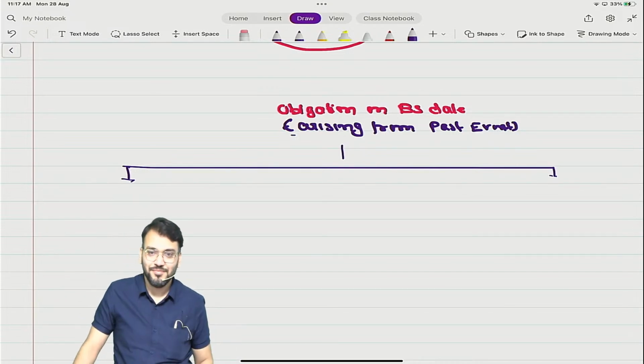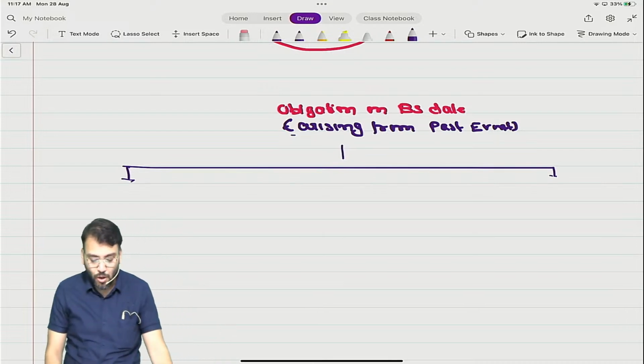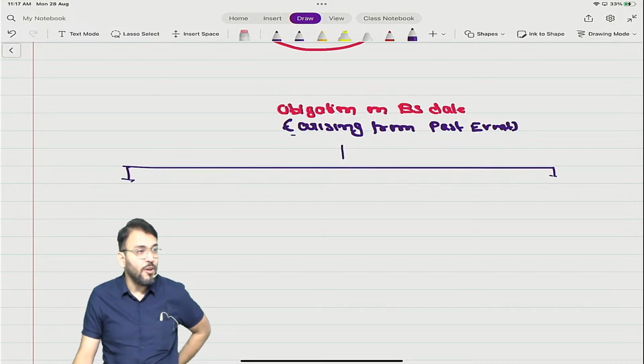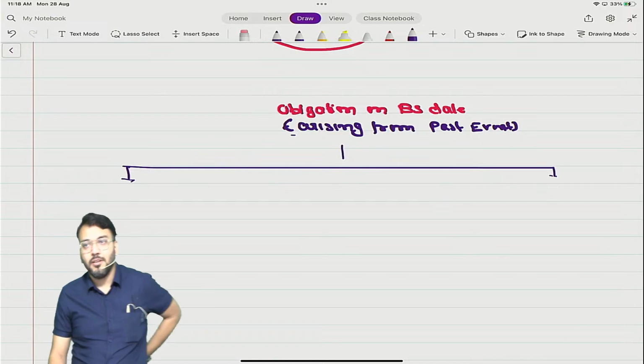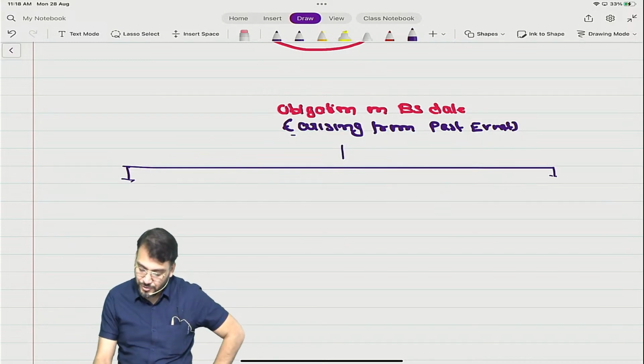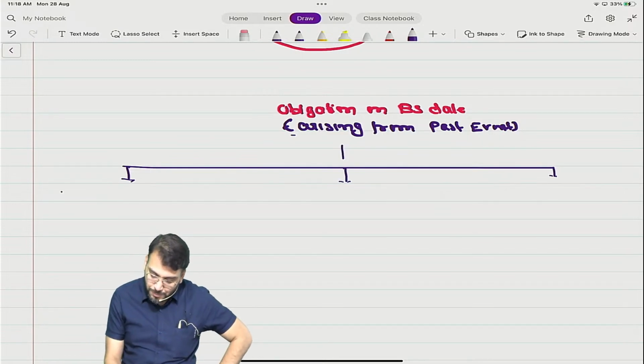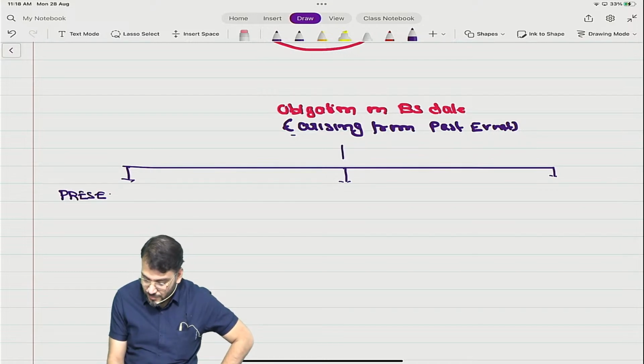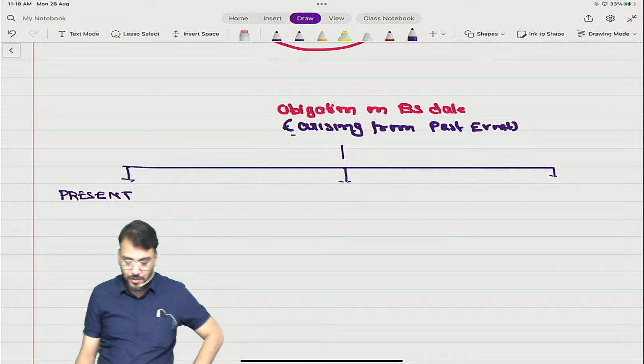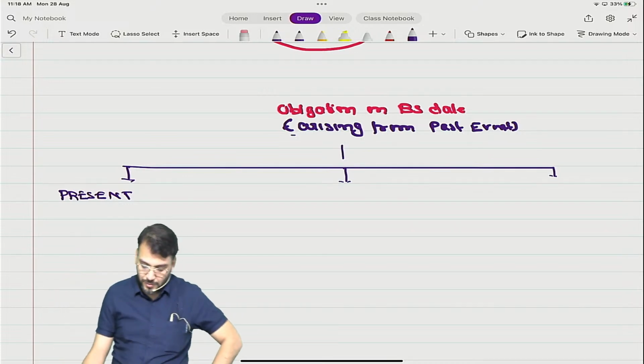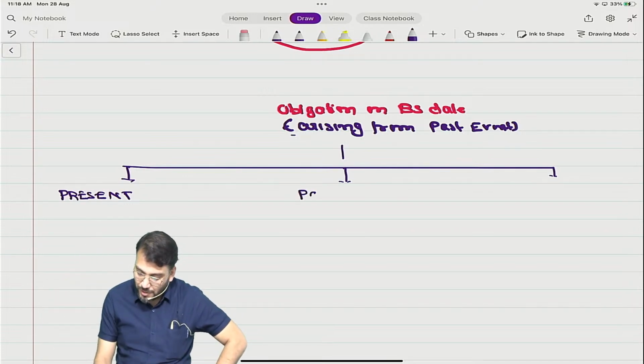So obligation on the balance sheet date arising from past events is of how many types? Three types. One is known as present obligation. Present obligation we know. One is known as possible obligation.